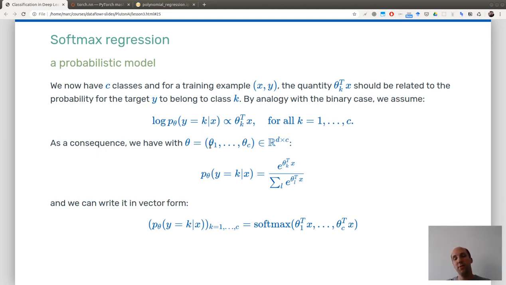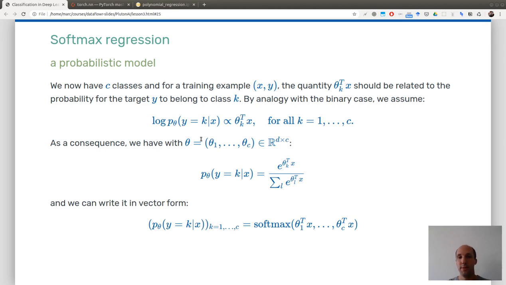So now you have not only one parameter to estimate, but c different parameters to estimate, theta 1 to theta c, where c is the number of classes. And each parameter theta 1 to theta c is of the dimension of x, your feature.